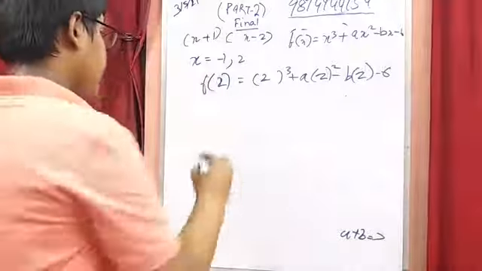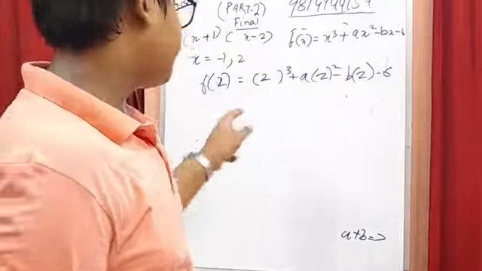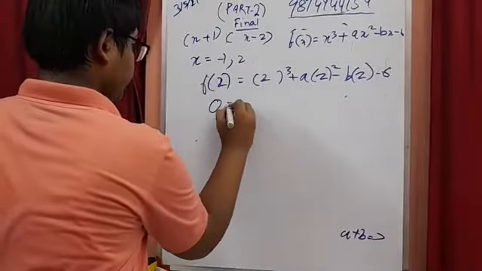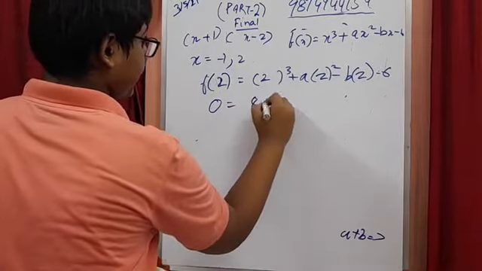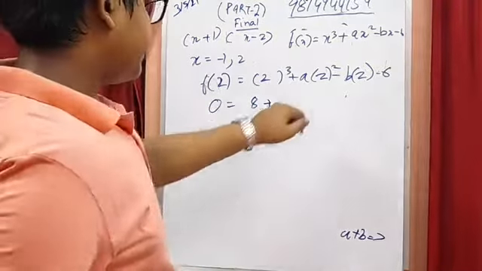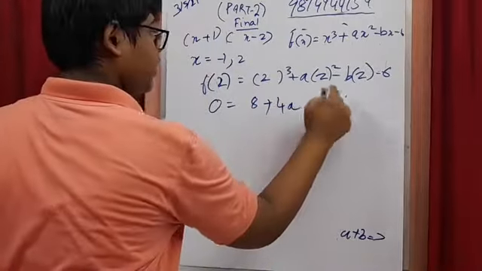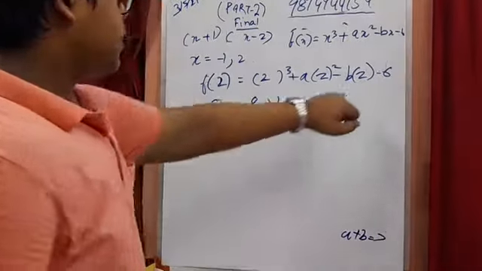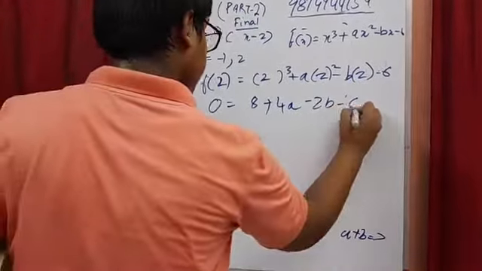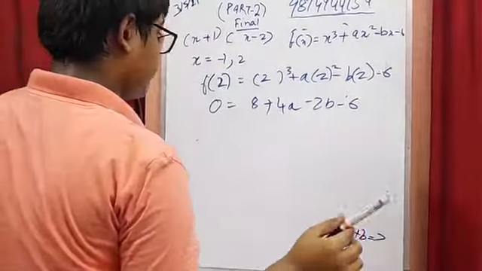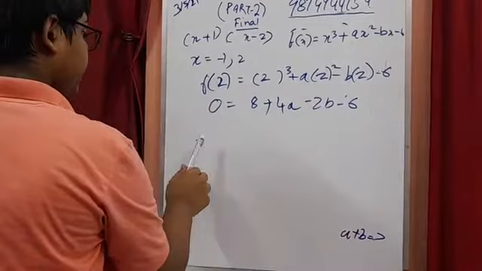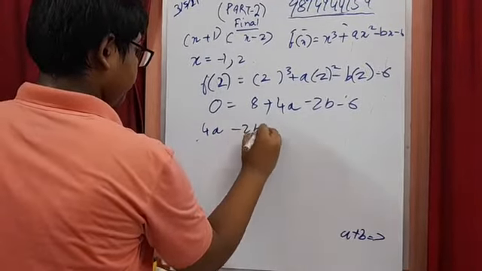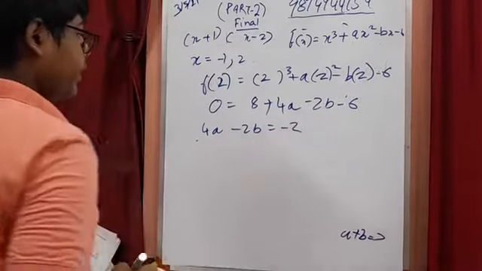Simplifying it further, we have taken f of 2 as 0 because it is a property of factors. 0 is equal to 2 cubed means 8 plus 4a minus 2b, and then minus 6. Now 8 and minus 6, 2 will be remaining, 2 will be taken to this side. It will give us 4a minus 2b is equal to minus 2.